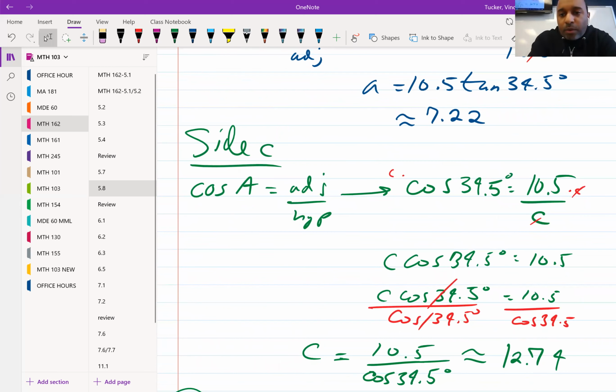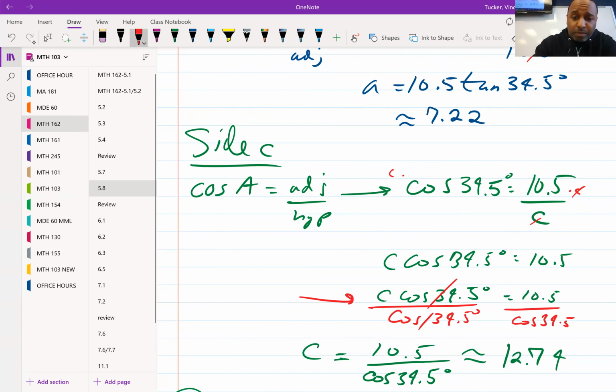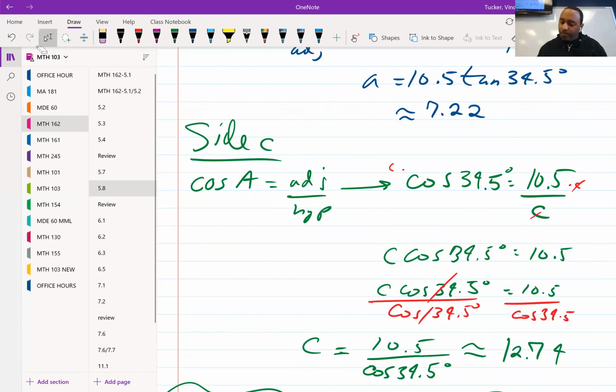So we have cosine of 34.5 degrees equal to 10.5 over C. So now I need to solve for C, so you can multiply both sides by C. That gives you this, C times cosine 34.5 degrees equal to 10.5. Then divide both sides by cosine of 34.5 degrees, and that'll give you 12.74.